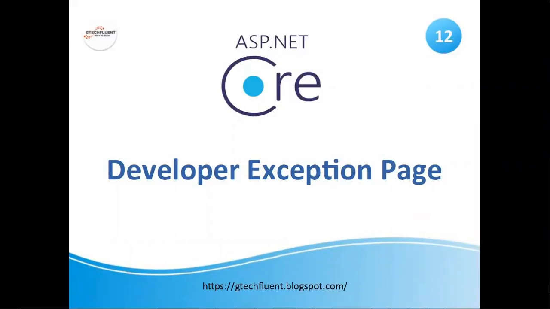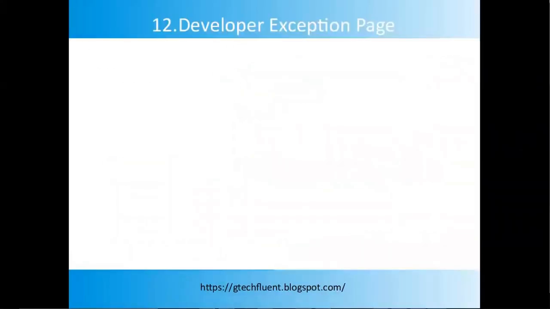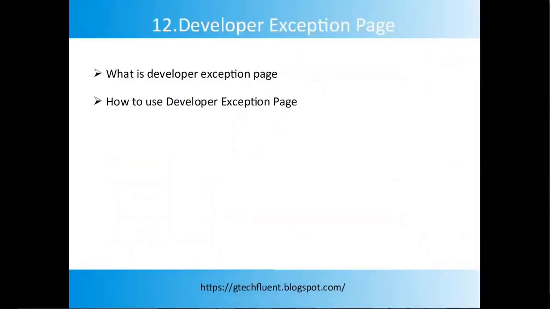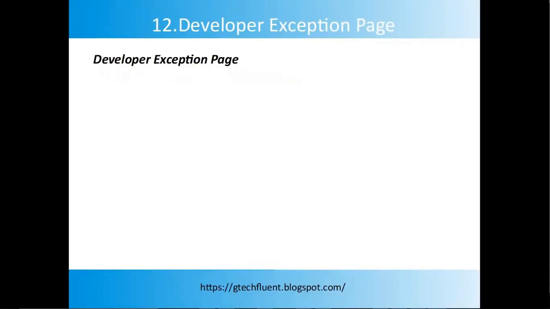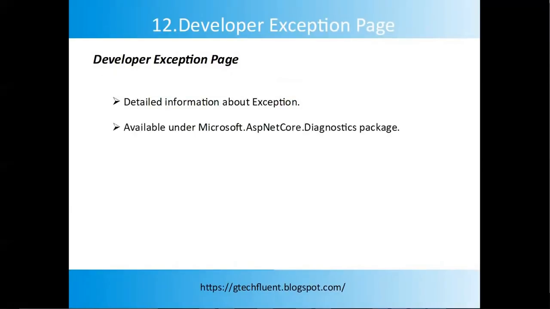So in this video, we'll discuss and understand what the developer exception page is, how to use it, and how to customize it. Let's start and see what the developer exception page is. The developer exception page displays detailed information about the exception that occurred. This page is available under the Microsoft.AspNetCore.Diagnostics package, which is in the Microsoft.AspNetCore.App metapackage.